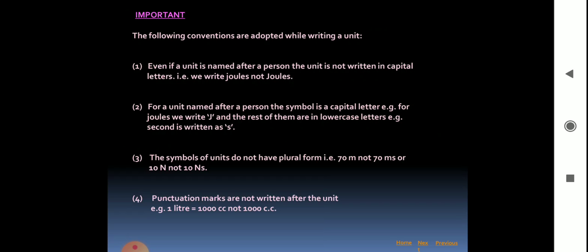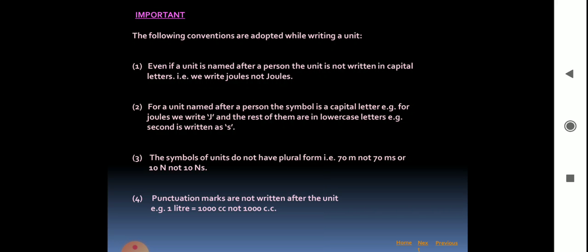So while writing a unit, we have to follow the following steps. The first one: even if a unit is named after a person, the scientist, the unit is not written with a capital letter. That is, we write joule, not Joule.